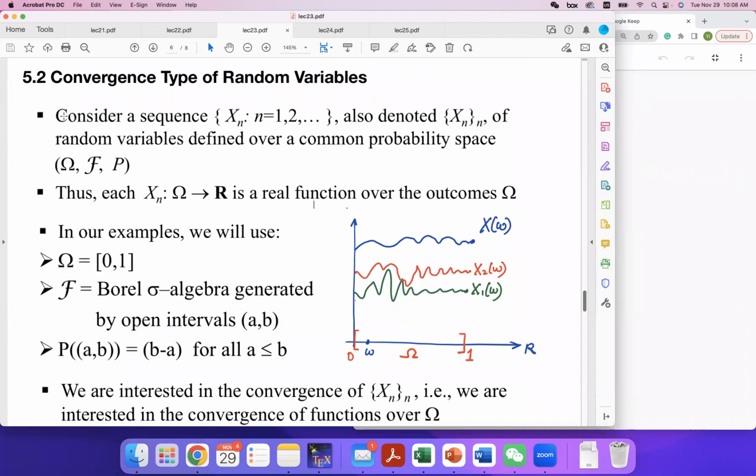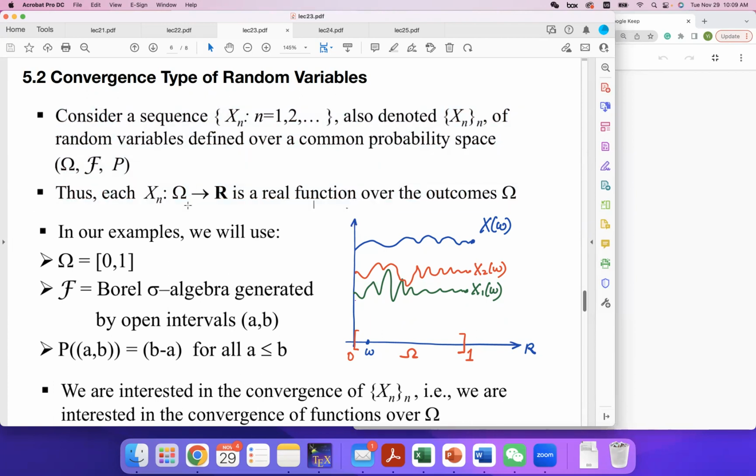So here, the basic setup is that we are going to consider a sequence of random variables, Xn, indexed by n. Each Xn is a random variable. You can view each Xn as a random variable in a certain probability space, with outcomes, sigma algebra, and probability measure. Each Xn maps outcomes to a real number.